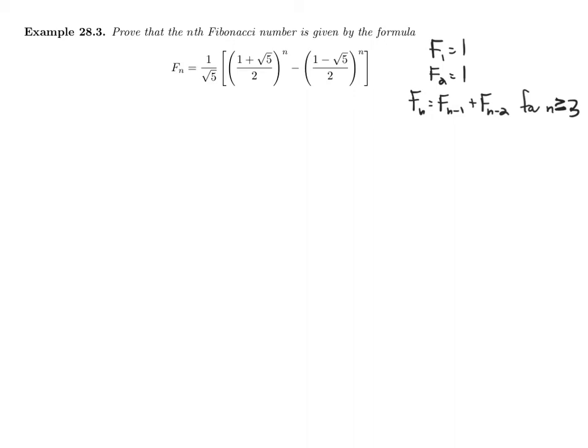We're asked to show that the nth Fibonacci number is given by this, which looks like a kind of disgusting formula, but not really. And I will clue you in to something, that these guys here in our brackets, these are the golden ratios.